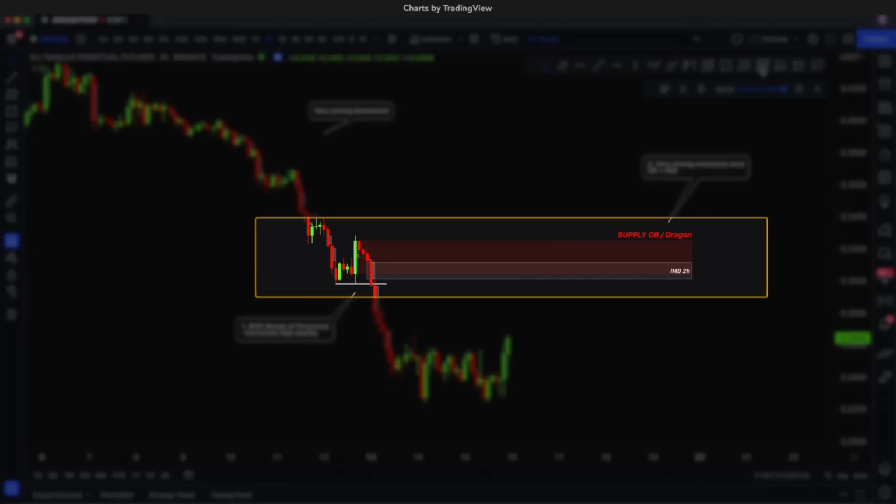You already know that the power of imbalance and order block combination is one of the strongest resistance places. This is my point of interest.